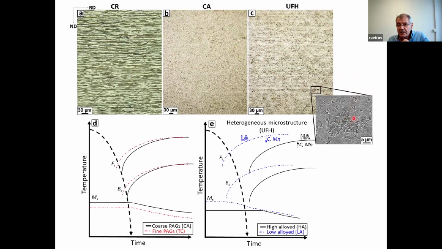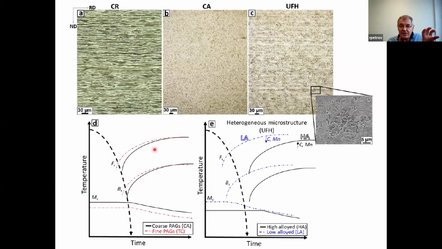Ferrite, non-dissolved carbides, and zones of martensite here. And if we put in the previous discussions about the distribution of the elements, we can end up with the following story. Purely schematically here, I draw the TTT diagrams, or CCT diagrams, or TTT diagrams in this case, for coarse prior austenite grain size, and if you have fine prior austenite grain size, they will differ.